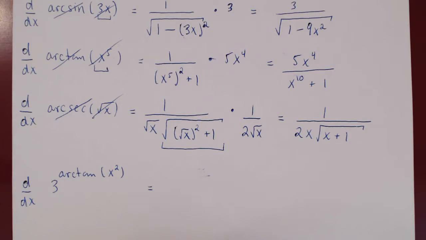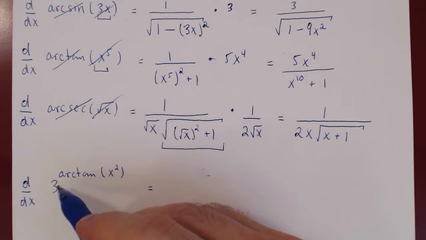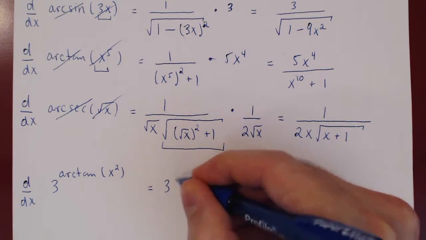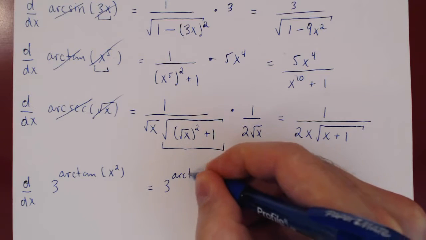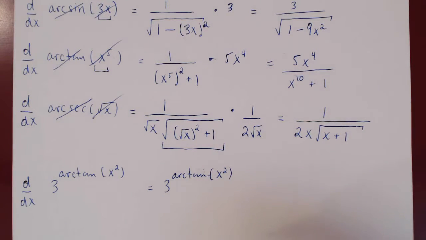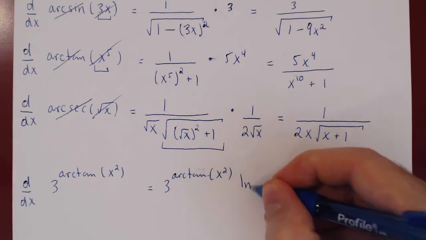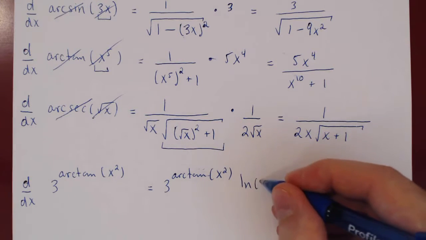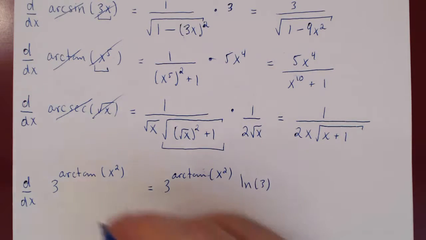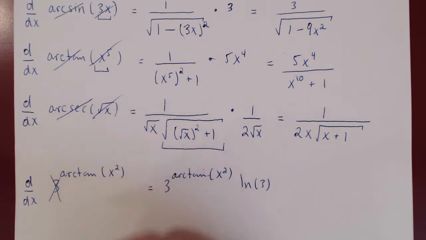So the last function that we would compute would be raising 3 to this exponent, so it's the exponential function base 3. If you remember, the derivative of an exponential function is the function itself times the natural logarithm ln of the base, which here is 3. But that's just the derivative of the exponential function base 3.